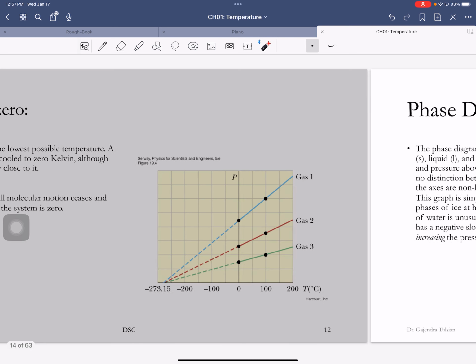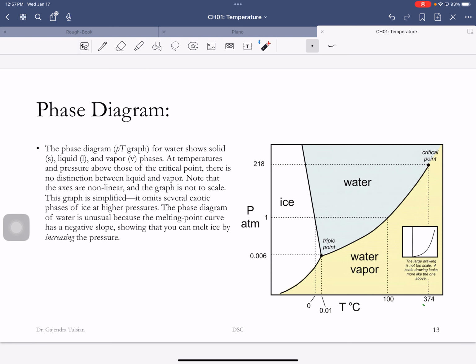All right, so here's a phase diagram, a phase diagram for water, for H2O. These diagrams are very important, and you want to be able to understand them.